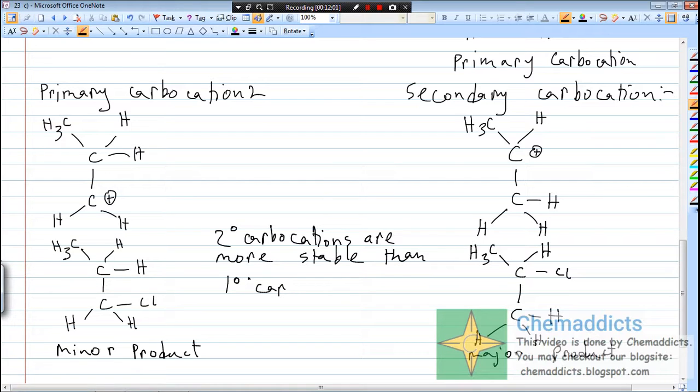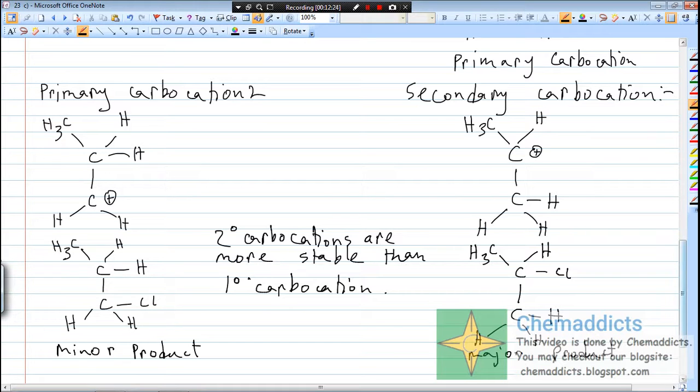Okay, so since 2 degree or secondary carbocations are more stable than 1 degree carbocations, this should be the minor product and this should be the major product. So I hope that you have understood the mechanism.